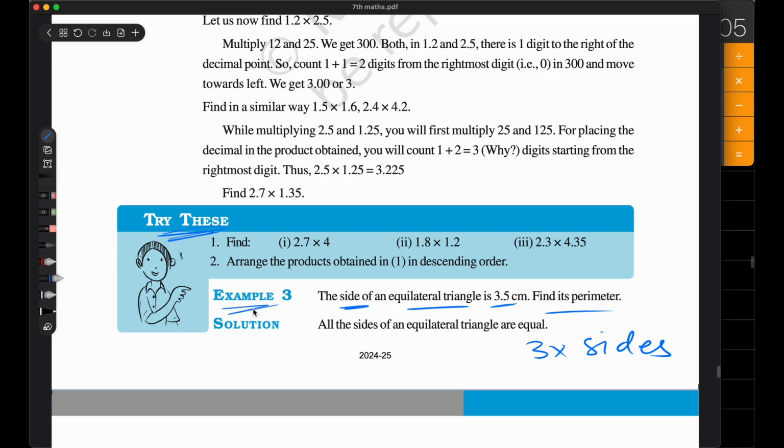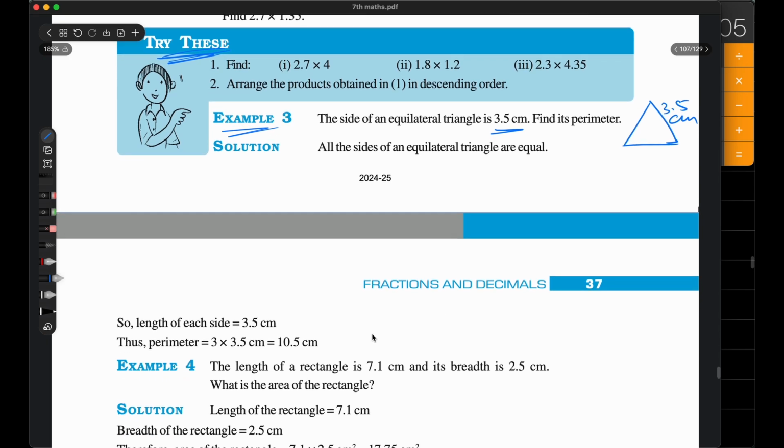Now let us solve example 3. We have the side of equilateral triangle equals to 3.5 centimeter and we have to find the perimeter. So equilateral triangle side is 3.5 centimeter, and to find the perimeter we will multiply side by 3, that is equals to 3 into 3.5.